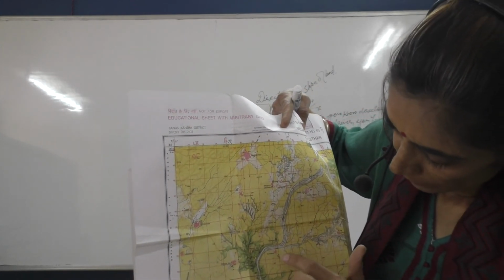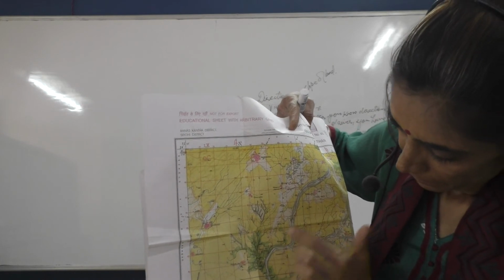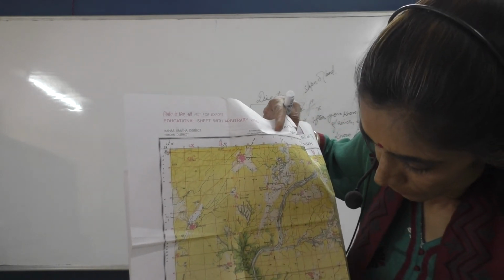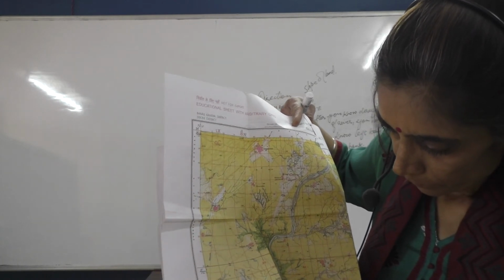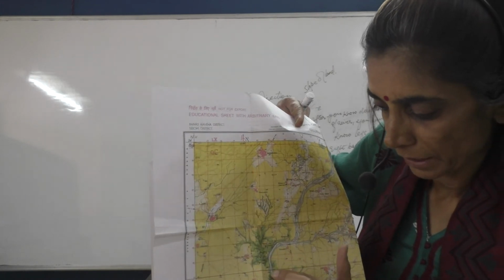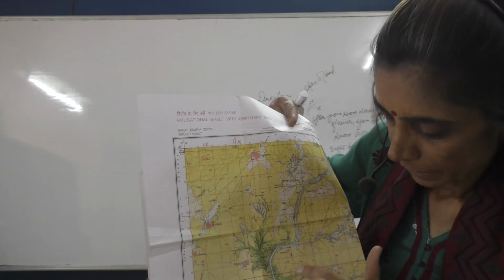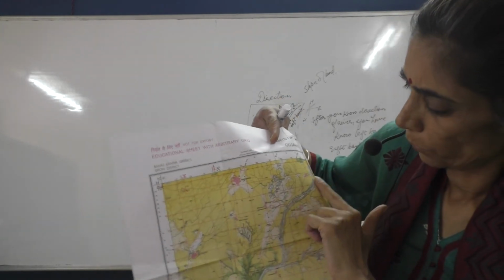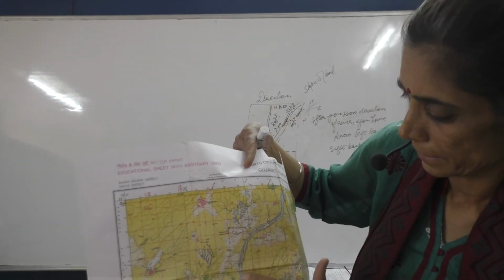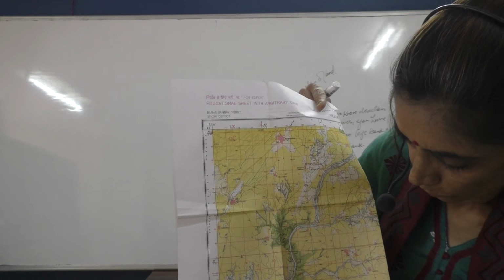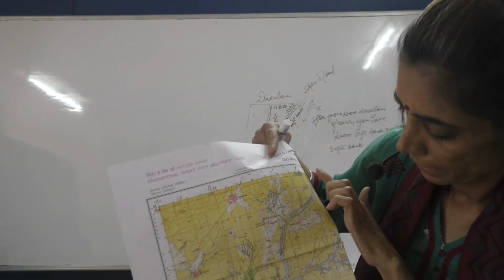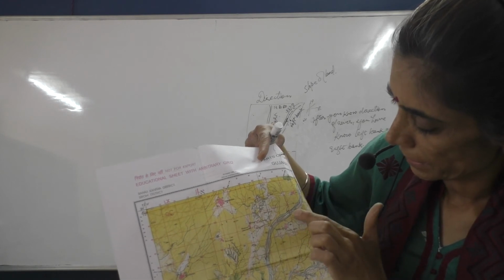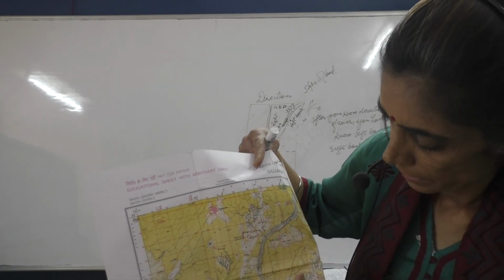If you further look at it, 183, 175, 150. There is one big height here, but the overall pattern is that it is decreasing. So that means that the river is flowing from this side towards this side.